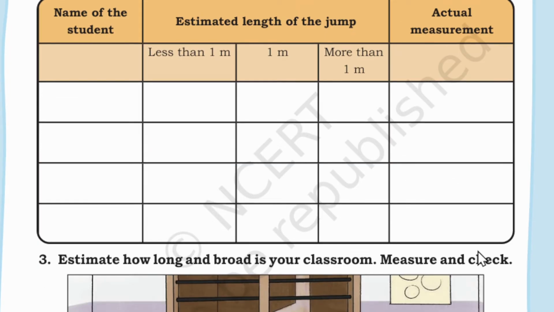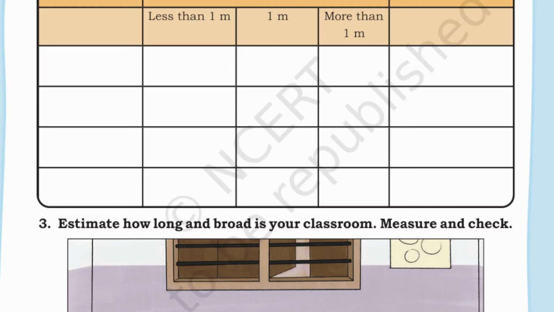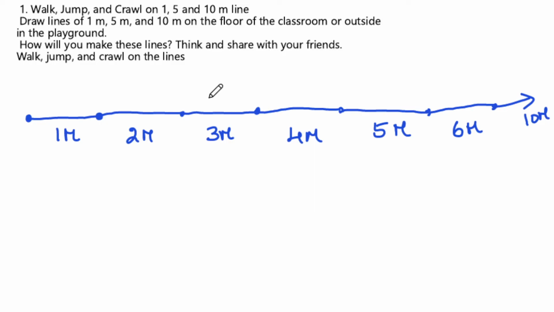First I'll write the names one by one. Okay, first I'll write the first name, Sona, Sam, Reena, and Ravi. Okay, first Sona. So imagine Sona's jump is here.